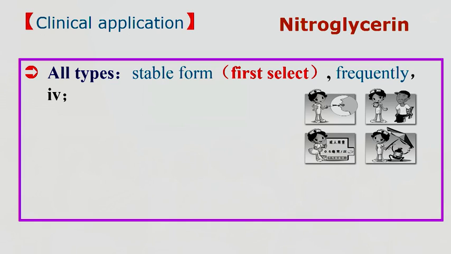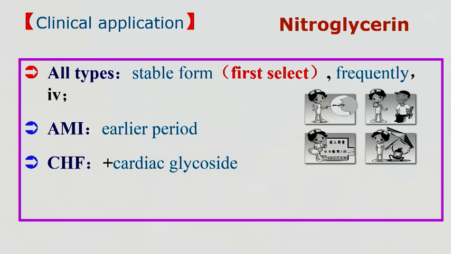For unstable patients, we can use intravenous drip of nitroglycerin. Except for angina pectoris, it can also be used for treatment of acute myocardial infarction, especially in the early period. If the patients can use the drug as early as possible, that is a method that can save their life. So 60% of acute myocardial infarction patients, if they take sublingual nitroglycerin, can be saved. It is also used to treat chronic heart failure, congestive heart failure.